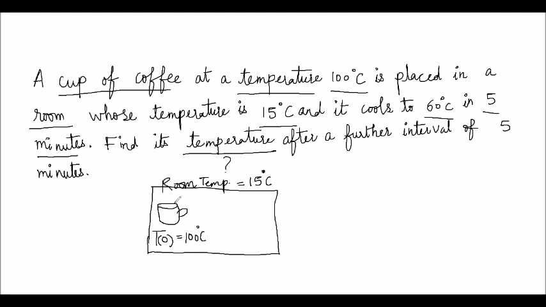And after a time interval of 5 minutes, this temperature decreases. T refers to temperature, and now time is 5 minutes. And now the temperature according to our problem is 60 degrees centigrade.